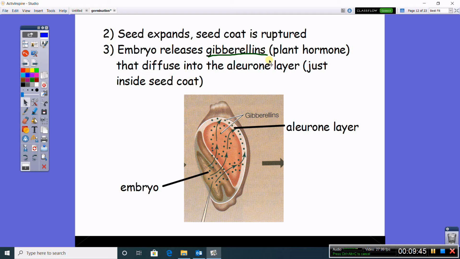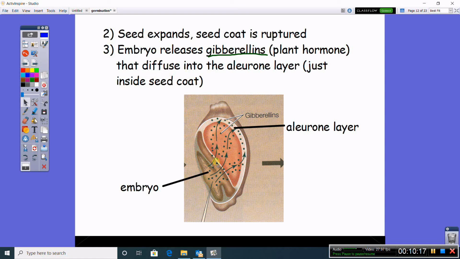If I were to just tell you that, I think it would probably make no sense at all. But that's why I give you these pictures, okay? So this is a little seed, and it has already imbibed. It's already taken in water. What the embryo is doing, this is our embryo here, is releasing gibberellins, which are these little greenish dots produced by the embryo.